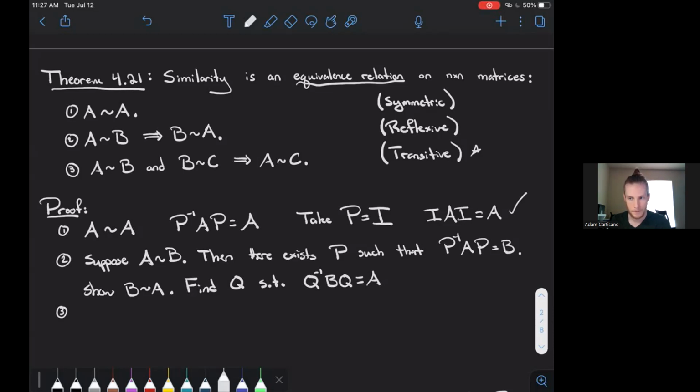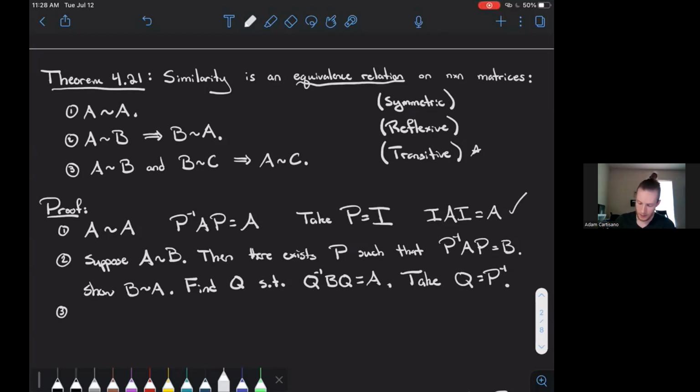We have to go and actually find a matrix Q that does that. Fortunately, take Q equals P inverse. P inverse exists because P was assumed to be an invertible matrix. By assumption, right?